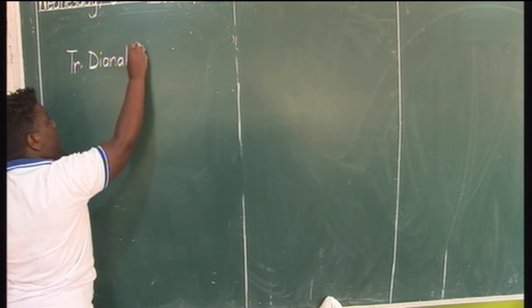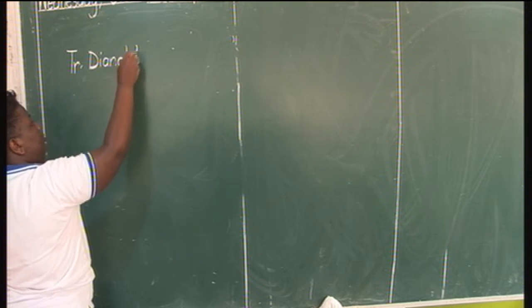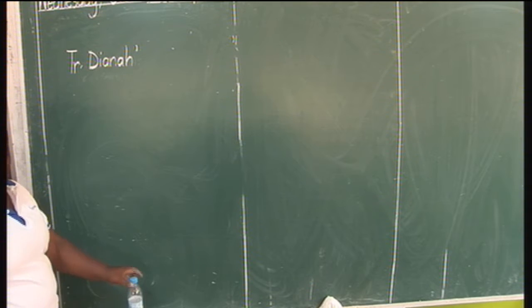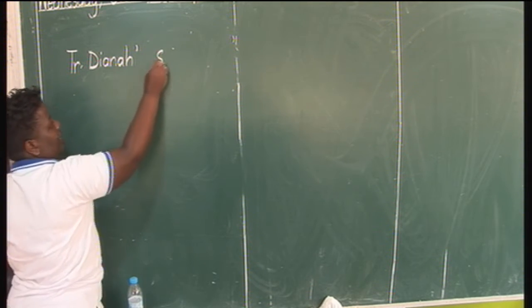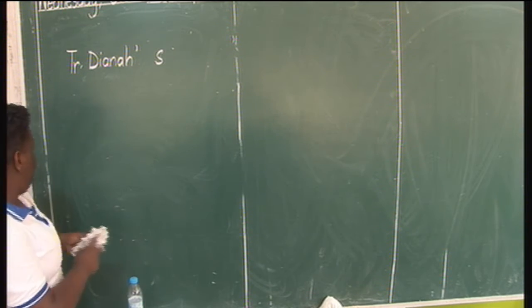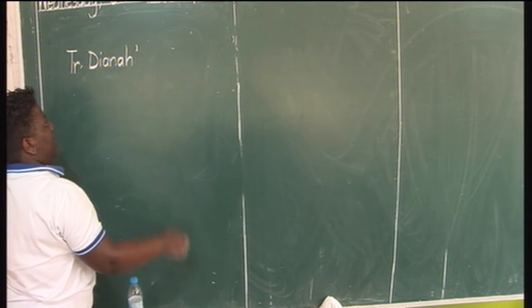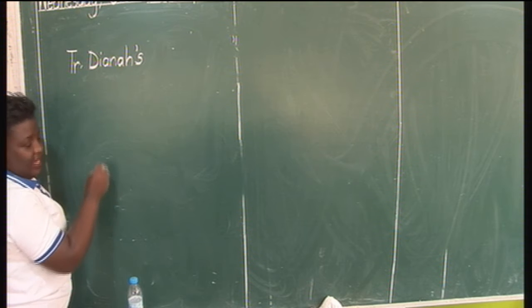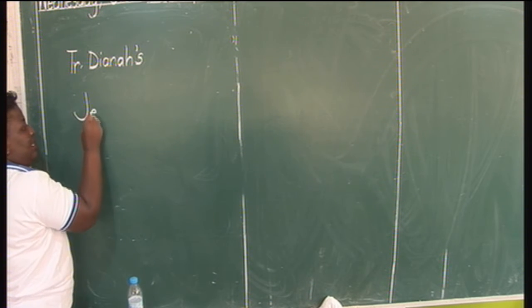By the way, you don't leave a big space. Some of you space, some of you do like this and you put the S this way. That is wrong. We don't space. We just leave a breathing space. So that is Teacher Diana's bottle. Whose chair is that? That is Jessie's. You write Jessie.